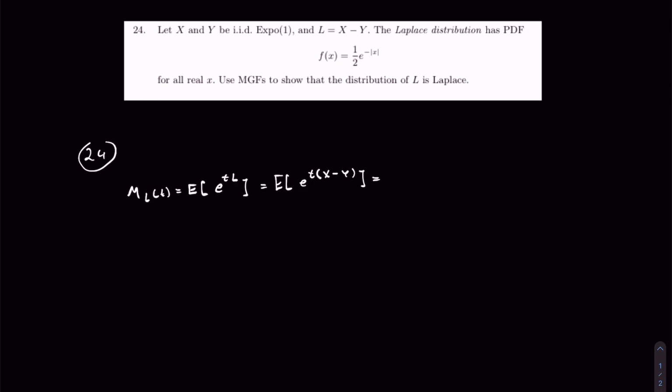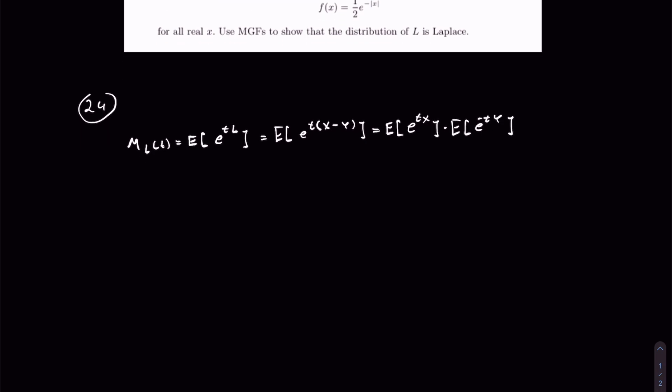Now, because X and Y are i.i.d., we can just use the laws of exponents to separate out this expression as two expectations: the expectation of e to the tX times the expectation of e to the minus tY.